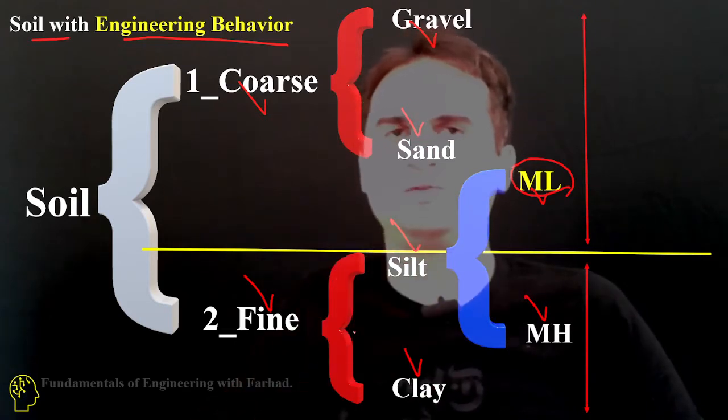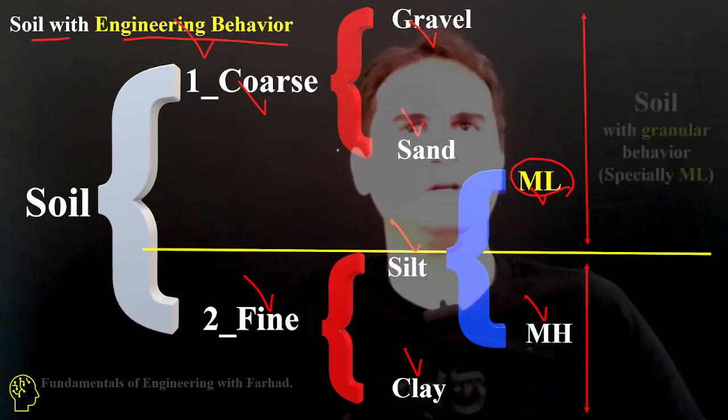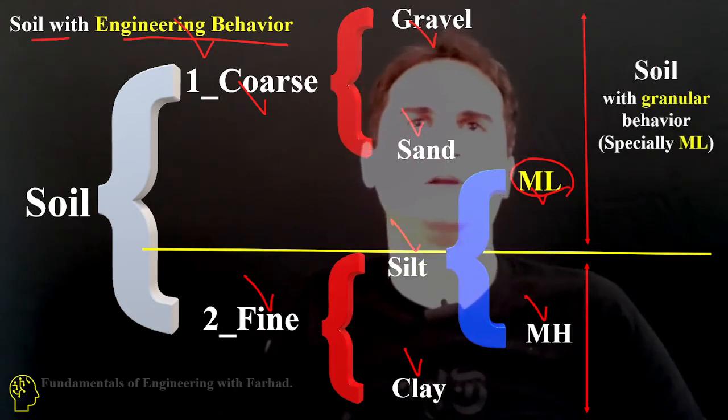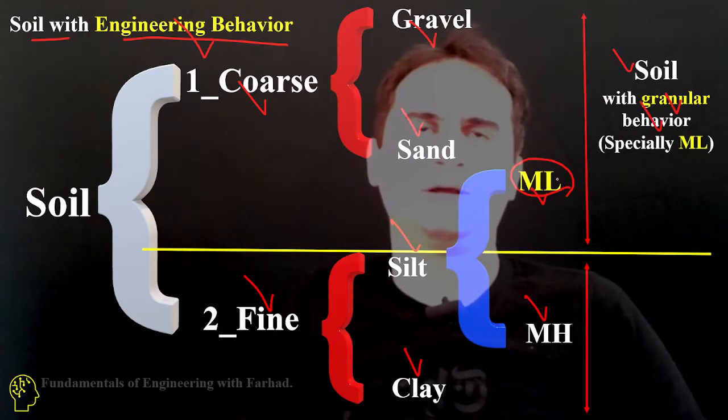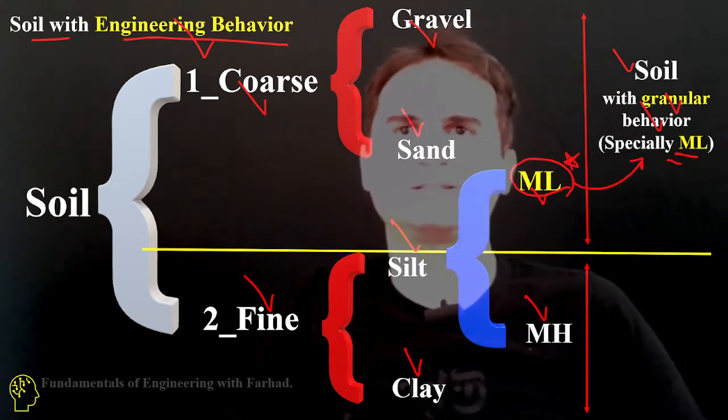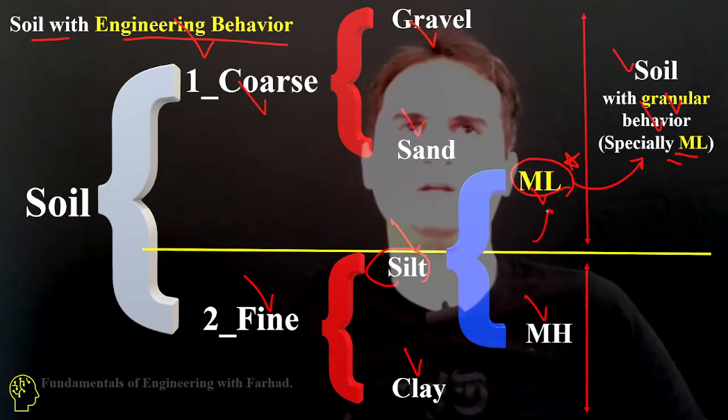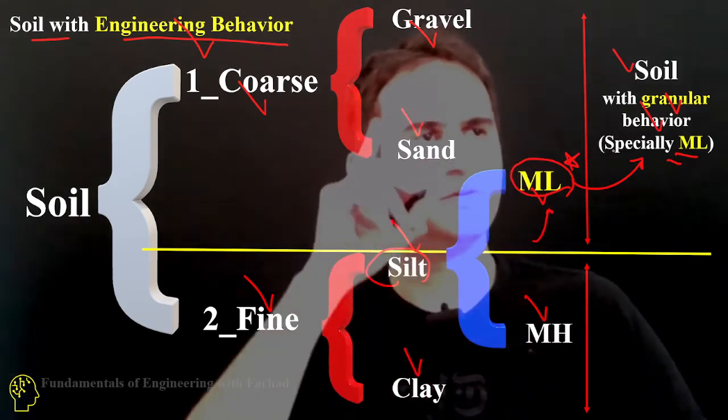And if we want to categorize soils by their engineering behavior, we can call them soil with granular behavior, and especially ML, which is where most silts are grouped, in soil with granular behavior.